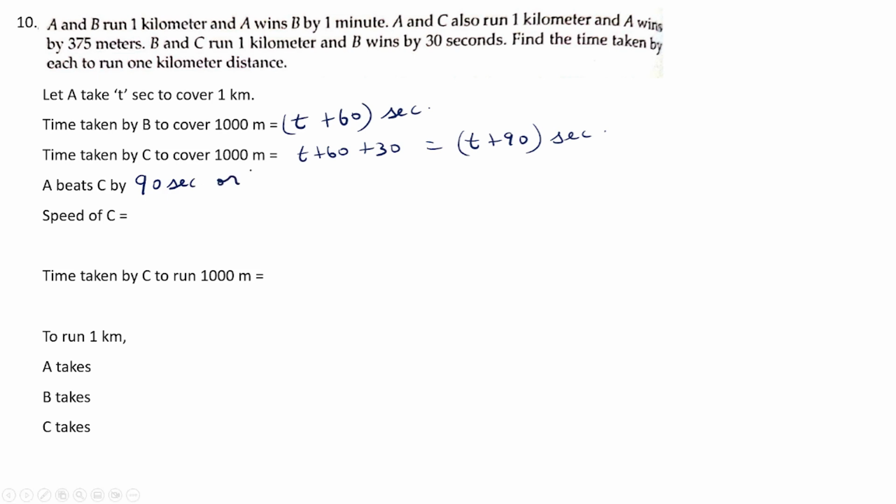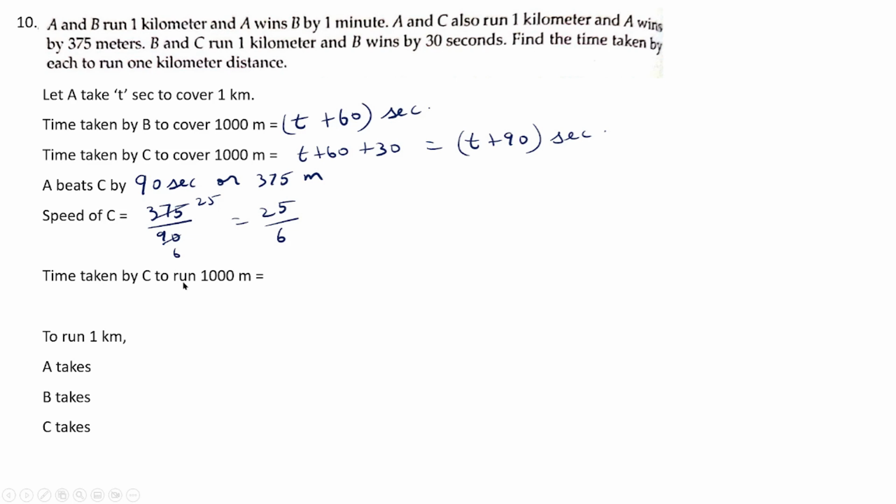Or here we have A wins C by 375 meters. So from this we can find speed of C as distance by time, 375 by 90. This will go in 15 6 times. This is 25. So it is 25 by 6.